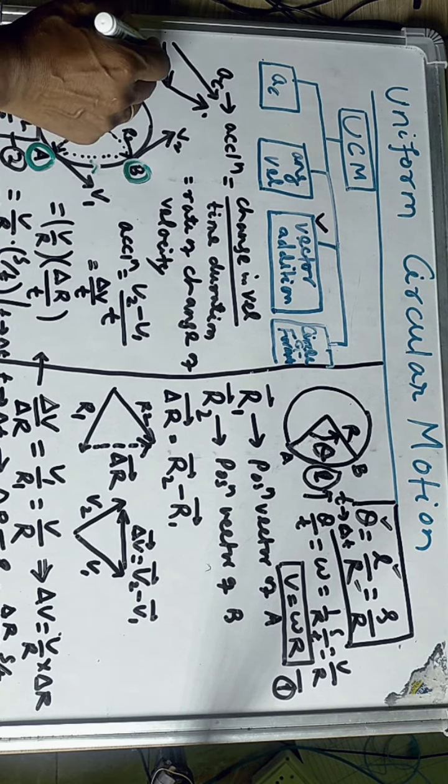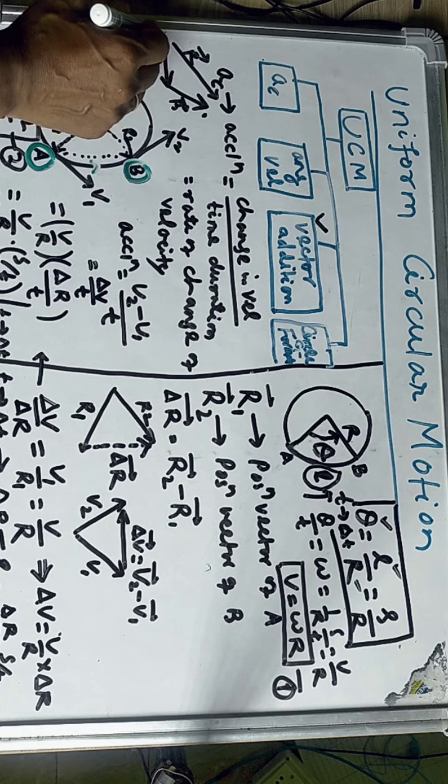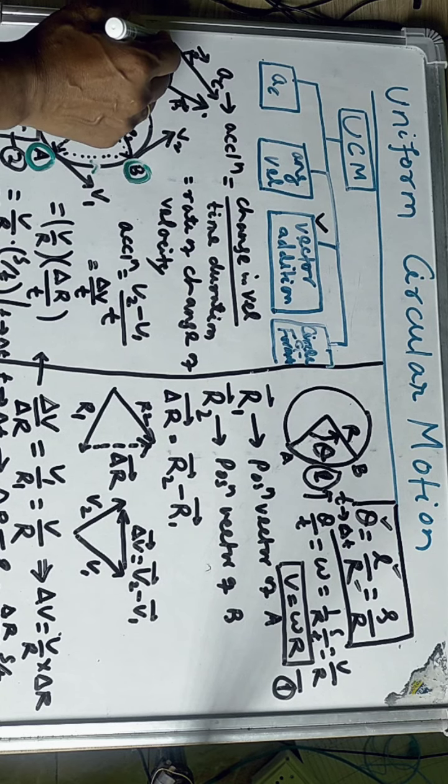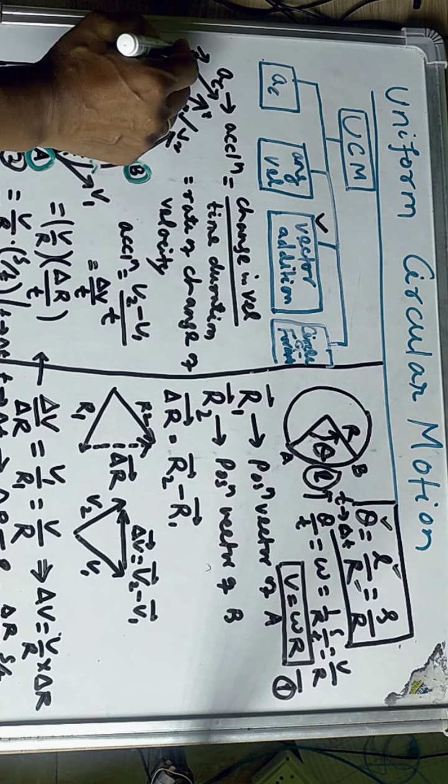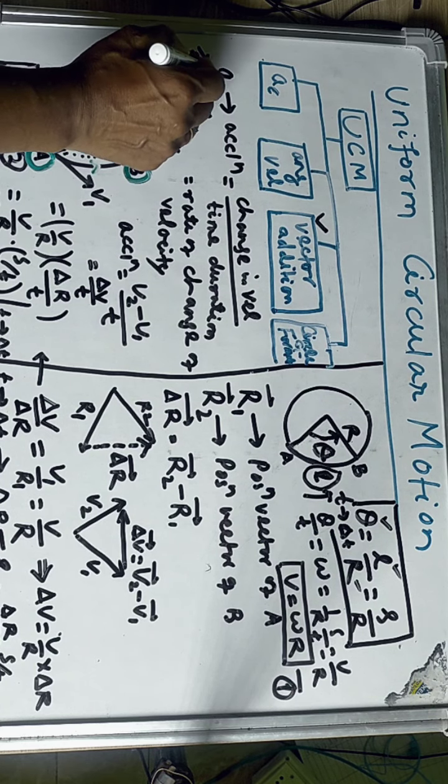Suppose this is vector A, this is vector B, and R is the resultant vector. Then the resultant is the line joining the start point of the first vector A and the end point of the second vector B, or we write R is equal to A plus B.